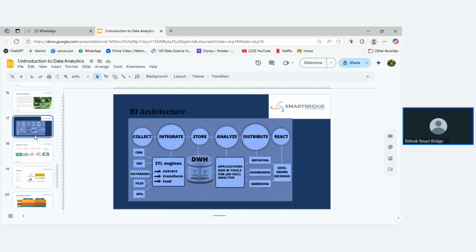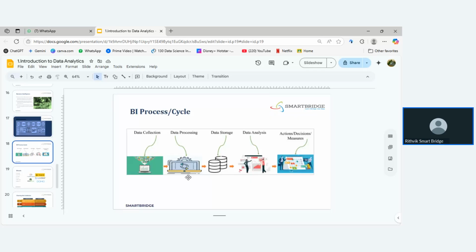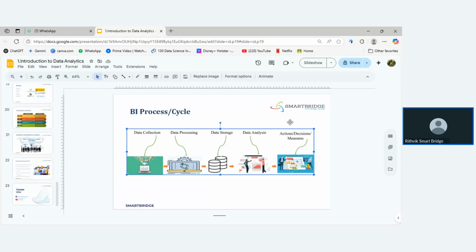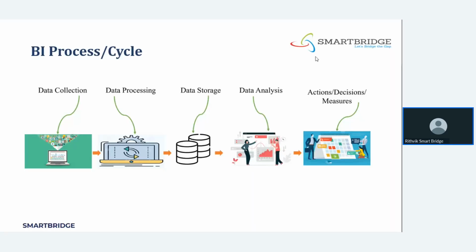Here we have discussed the architecture. Then we'll be discussing the detailed process cycle. Okay, let me present it. Data collection. First, we are collecting the data. Then we are processing the data. Then we are storing the data, analyzing, taking actions. Collection, as we have discussed in the previous steps, is also the same. Collecting the data, processing the data.